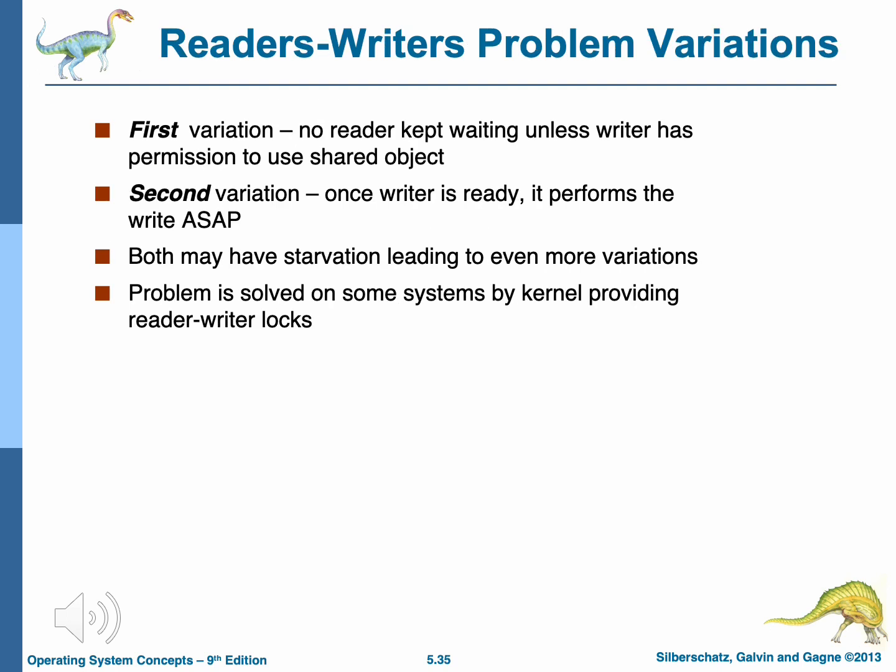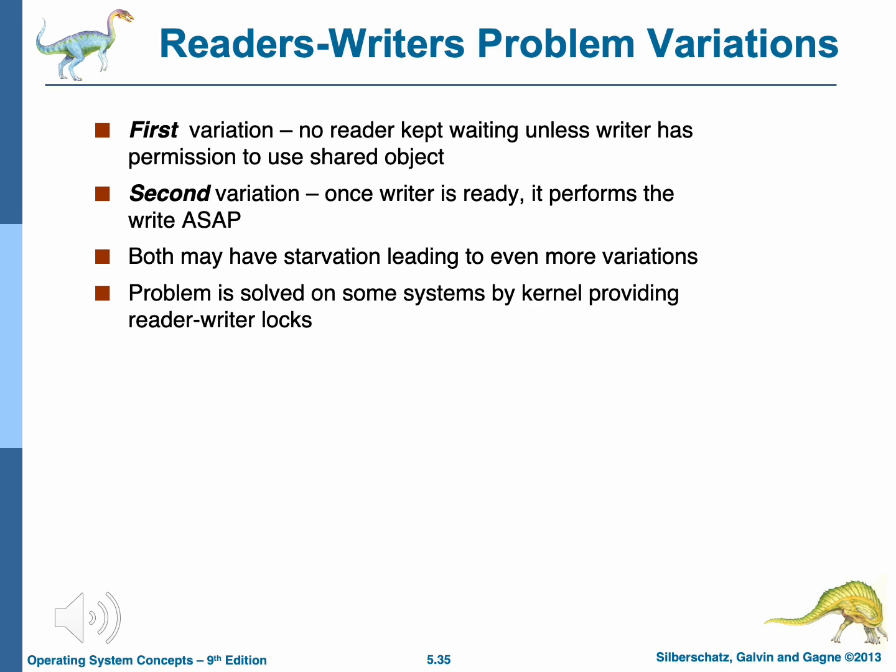The simplest one, referred to as the first readers-writers problem, requires that no reader be kept waiting unless a writer has already obtained permission to use the shared object. In other words, no reader should wait for other readers to finish simply because a writer is waiting.